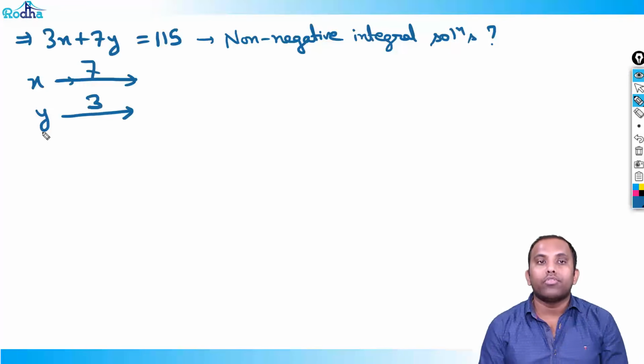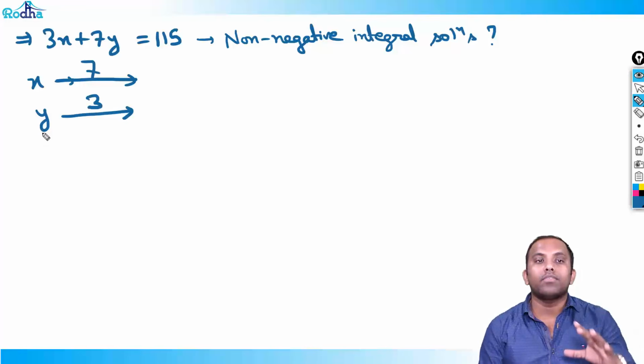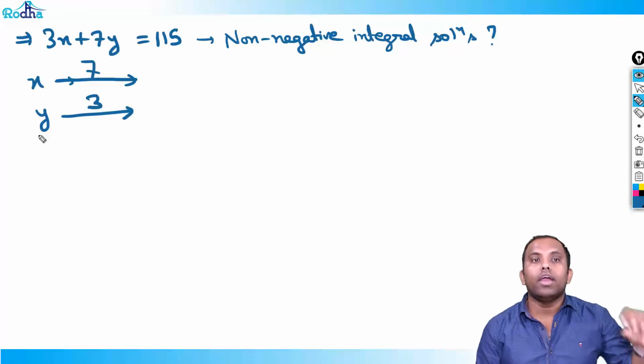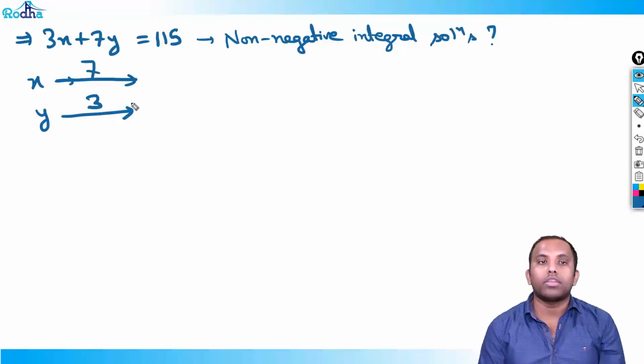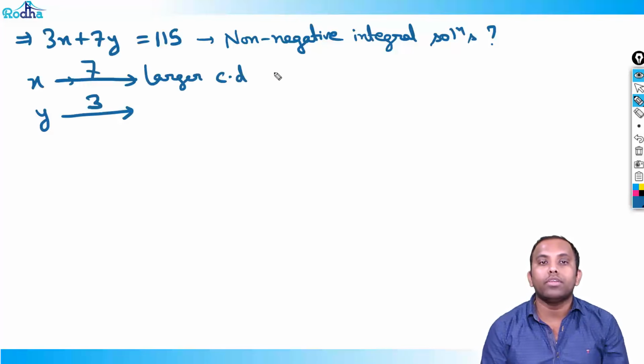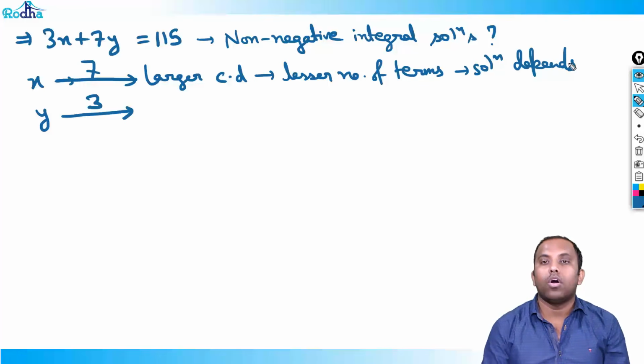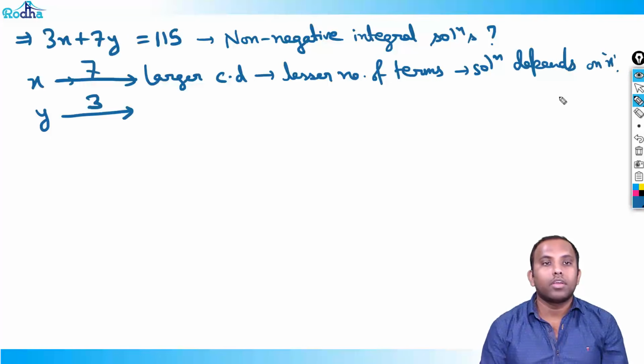So x has got the larger common difference, and if x has got the larger common difference, x will have the lesser number of terms. So the solution depends on x.